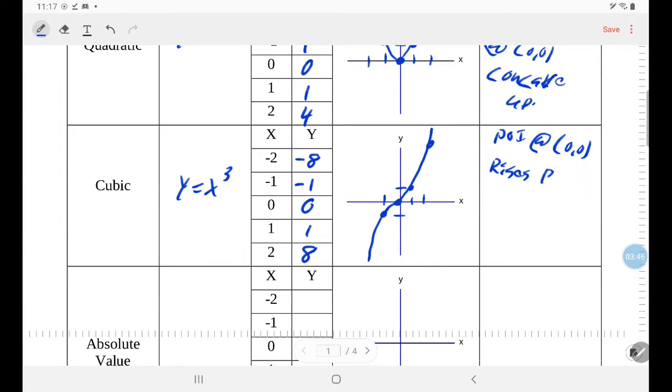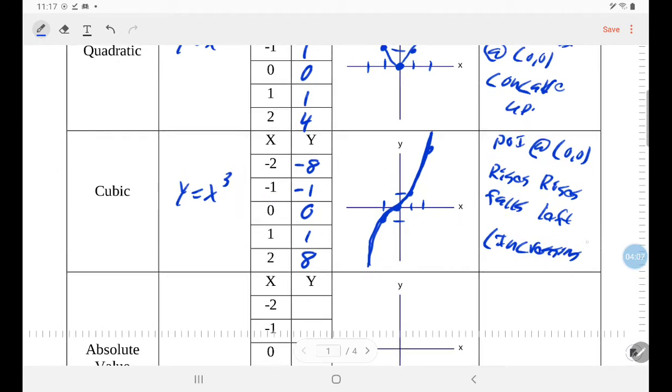As you go to the right, it rises and then falls as you go to the left. It is an increasing function in that as x gets larger, so does the y.